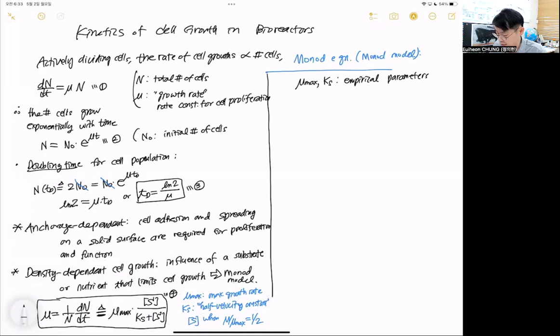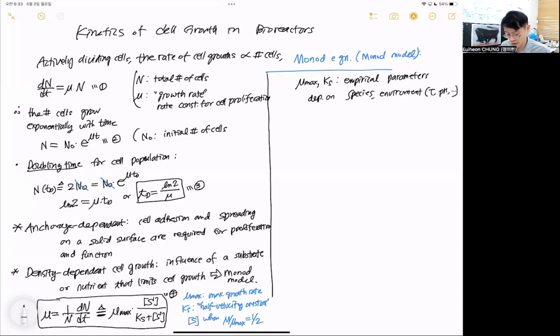So that is depending on, so it's a function of species, so what kind of microorganisms, and environment such as temperature, pH, and composition of the media.